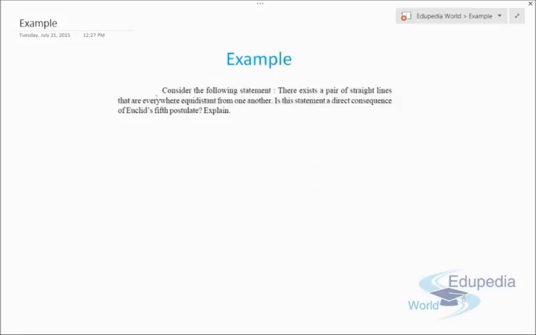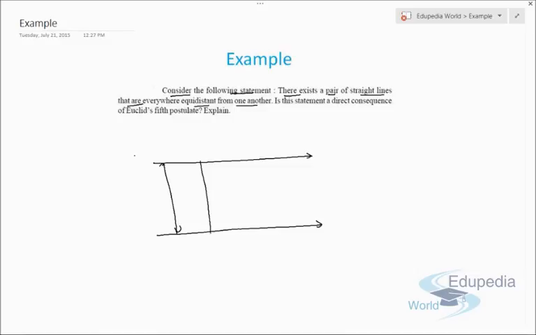The example says: consider the following statement: there exists a pair of straight lines that are everywhere equidistant from one another. Suppose this is a line and another line is like this. They are equidistant, meaning the distance between them is always the same. Is this statement a direct consequence of Euclid's fifth postulate?